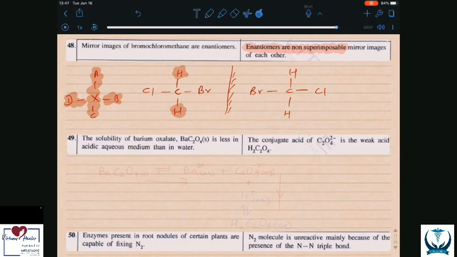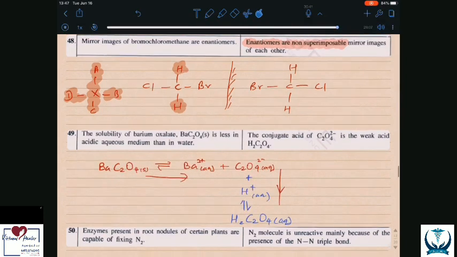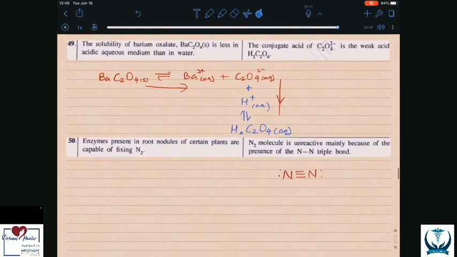The solubility of barium oxalate in acidic medium is higher because C2O4 2- will be removed through the reaction given here when acid is added, and therefore the dissolution reaction of barium oxalate will be driven forward and therefore solubility will increase.